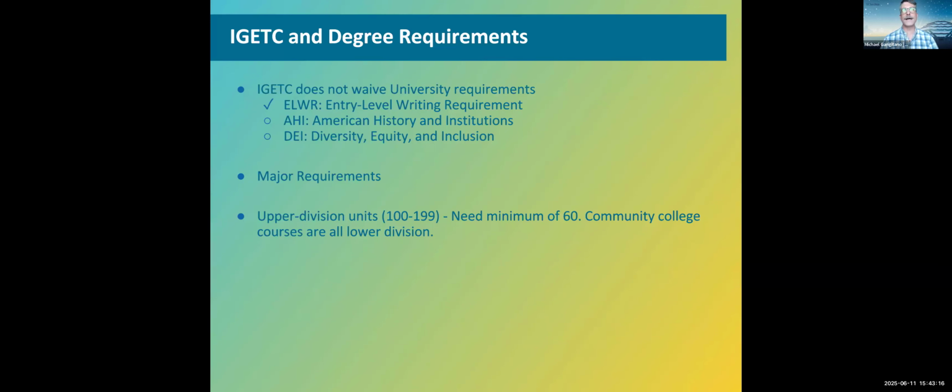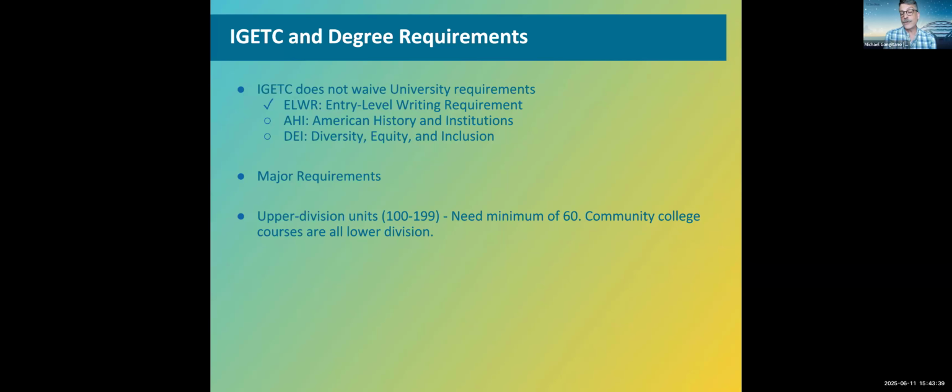So a cumulative unit count of at least 180 units are required to graduate, 60 of which must be upper division in nature. So 60 units or 15 courses that are upper division must be completed to graduate as well.